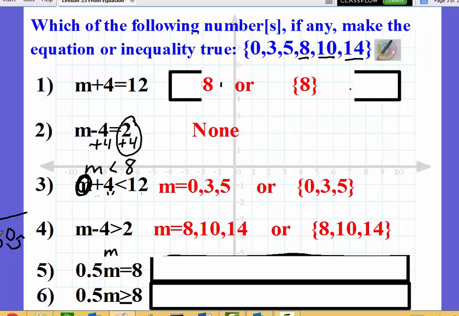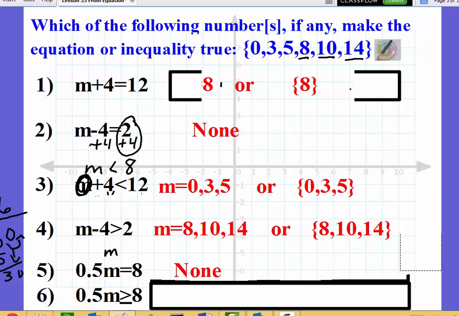So now I'm left with 5 goes into 80 one time. Bring that down. Left with 16. So m equals 16. Do I see 16 up here anywhere? I don't. So I should have none for my answer again. Okay, my very last one. Then we'll go to our next page.